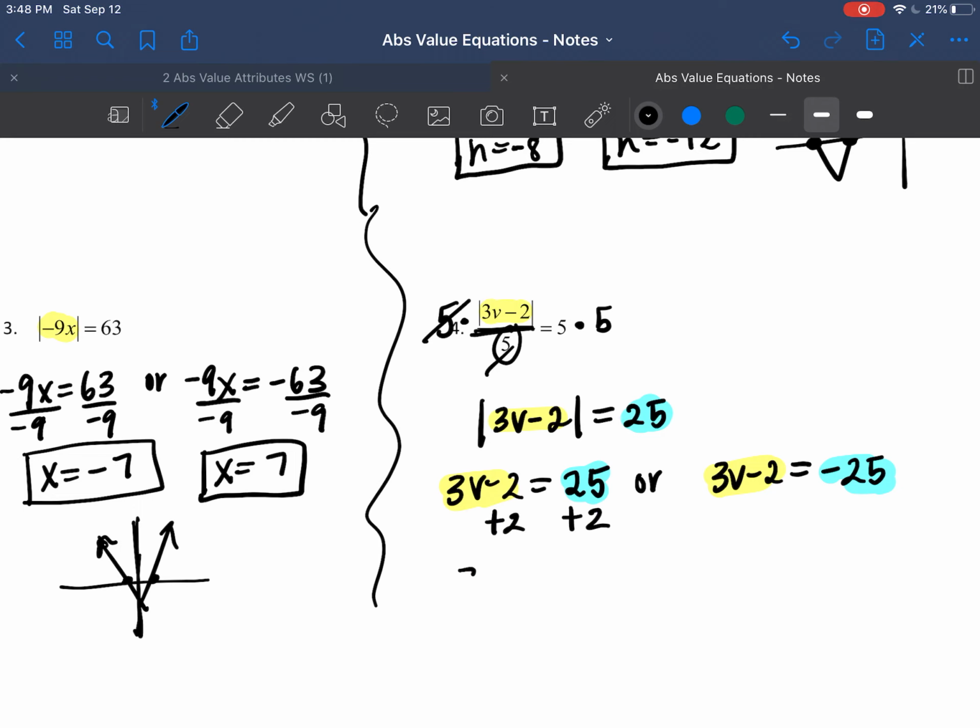Okay, so first we have to add 2. Leaving us with 3v on the left, 27 on the right, then divide. Always take care of what's not attached first. So in this case, v equals 9.